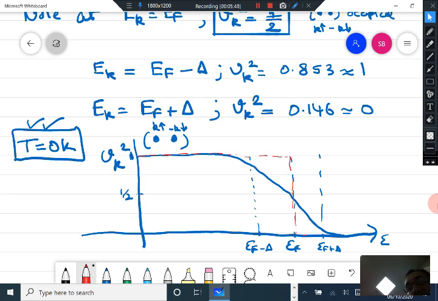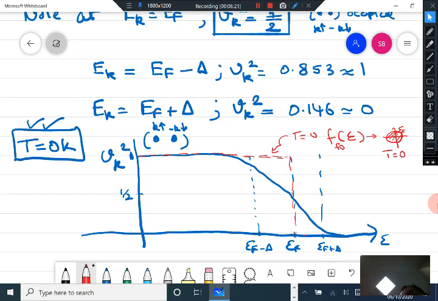So at T equal to 0, the Fermi-Dirac distribution is 1 up to the Fermi energy, and above the Fermi energy everything is empty. This is at temperature T equal to 0.